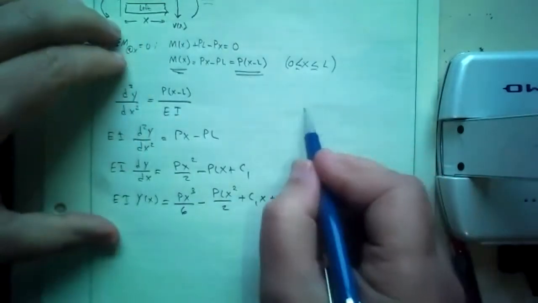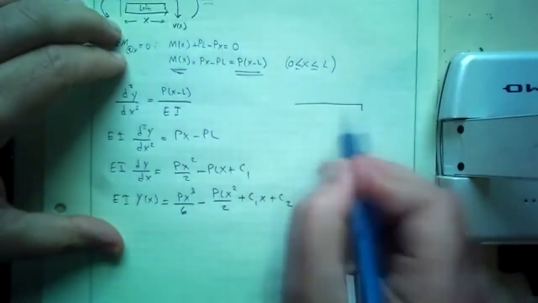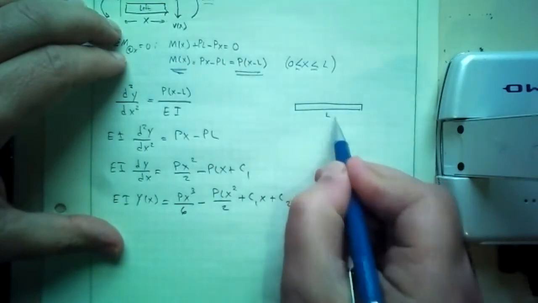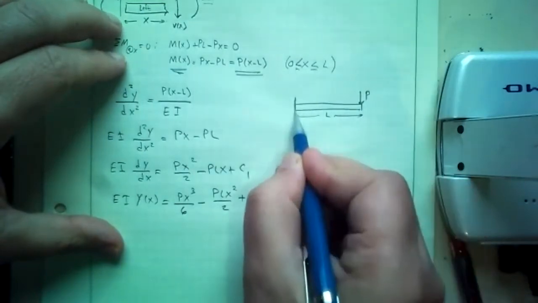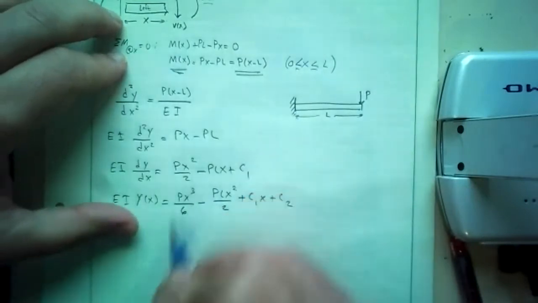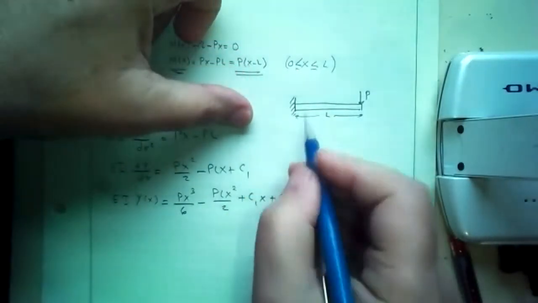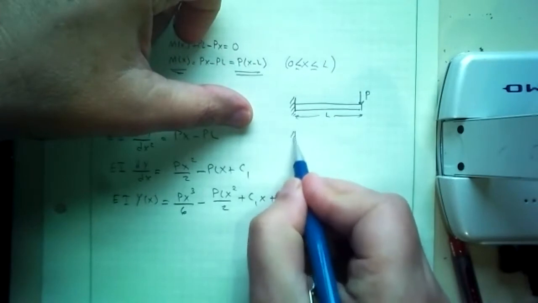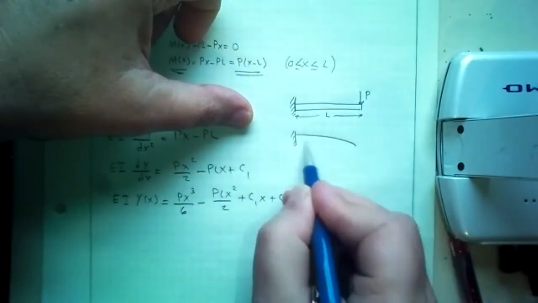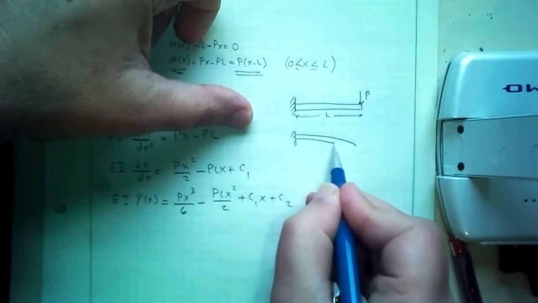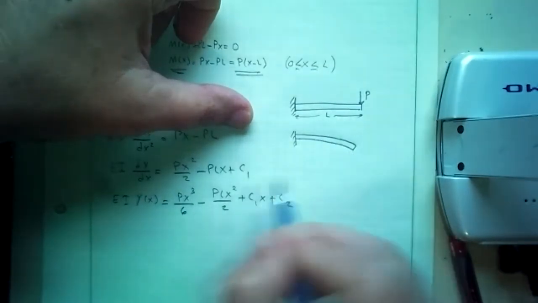So this beam, I'll draw it again, of length L with the end load P that is fixed. This is going to deflect like this. Just going to draw the exaggerated deflection. It's going to deflect like that, right?